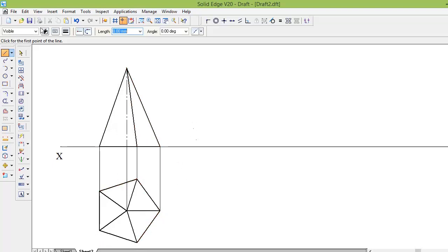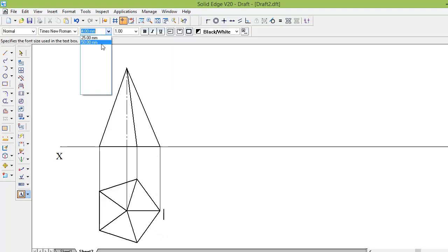Okay, so go to text now. So it should be A. I will reduce the size to 3.5.